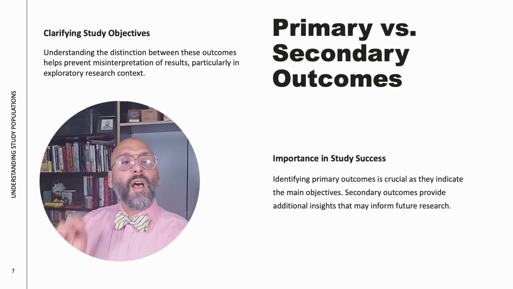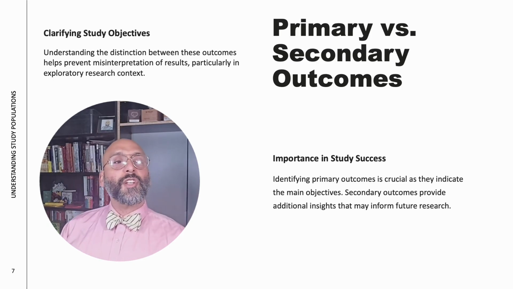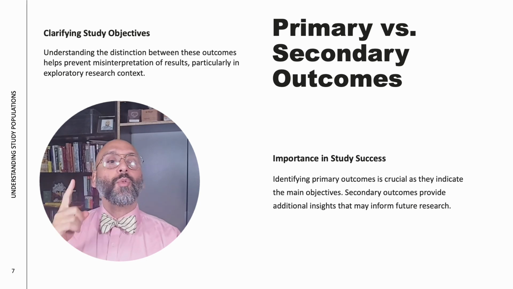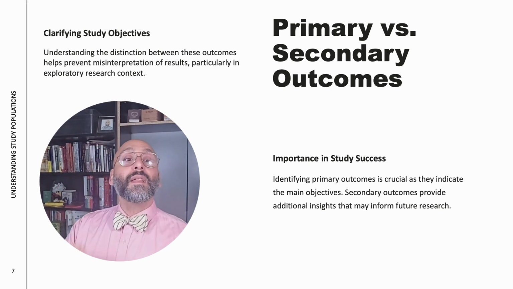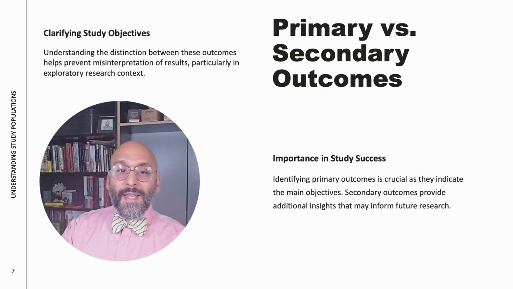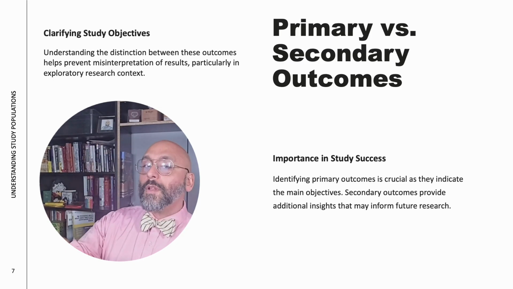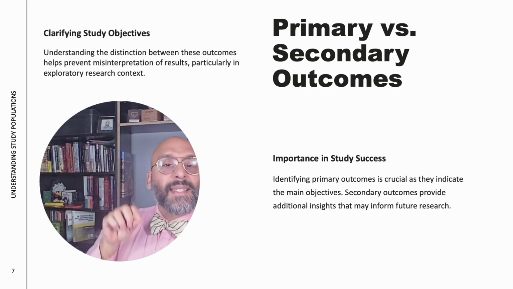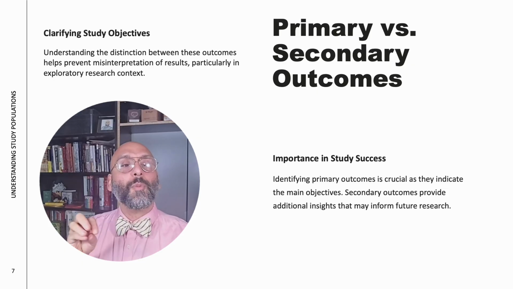One of the most common sources of misinterpretation in psychopharmacology research and research in general is this: every clinical trial is designed to answer one main question. That question is represented by the primary outcome. Primary outcomes are pre-specified, before the study begins, and used to calculate sample size and statistical power.